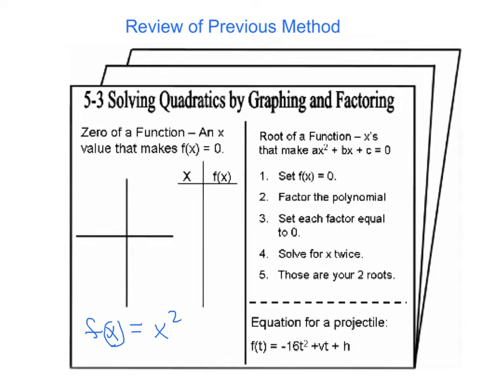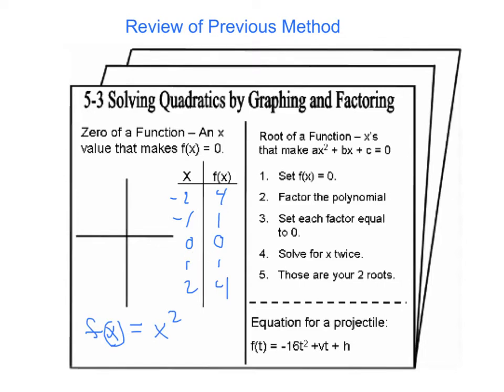When you plugged in -2, -1, 0, 1, and 2 for x, you realized this came out to be 4, 1, 0, 1, and 4. Looking right here, you could see the zero of the function is right there.